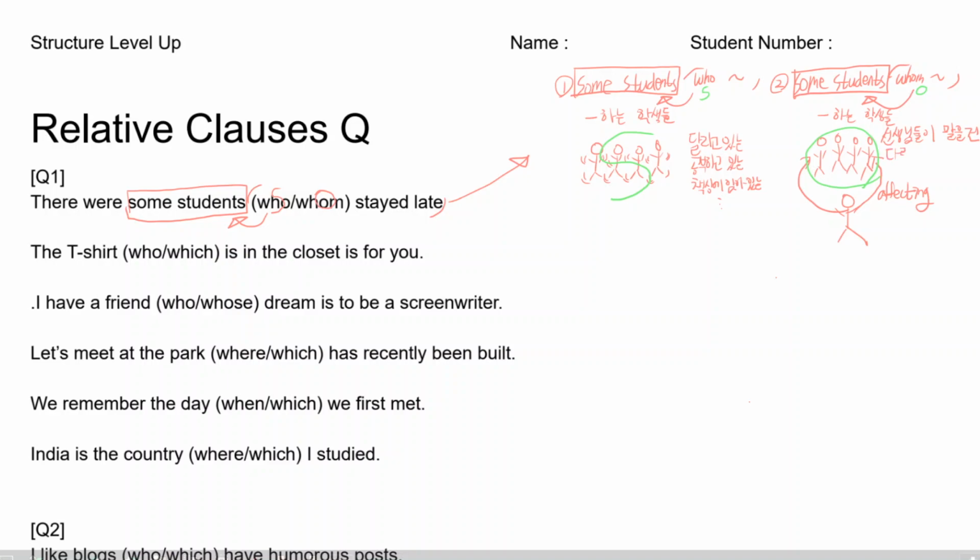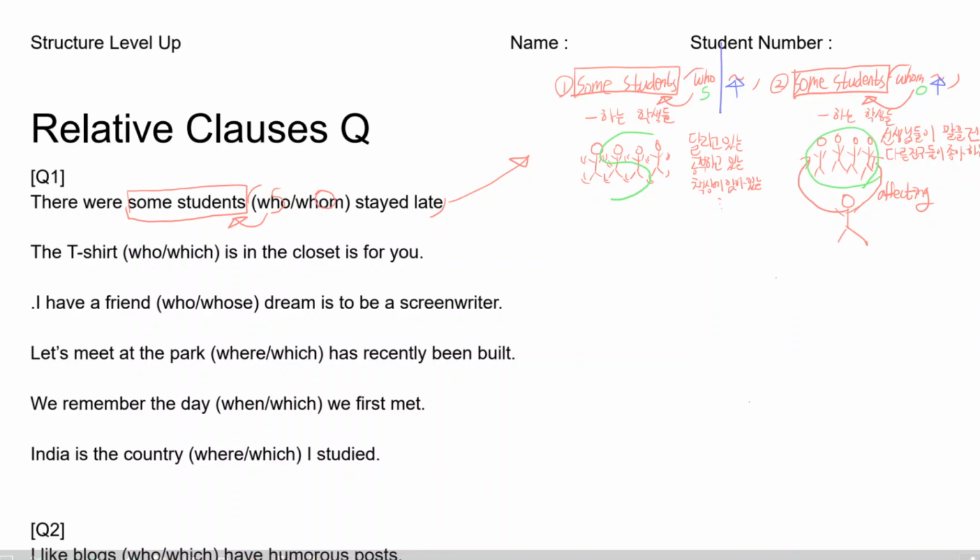다른 친구들이 좋아하는 학생들, right? Do you see the difference here? So we don't really need to read this blah blah blah part before we know which one we should use, right?